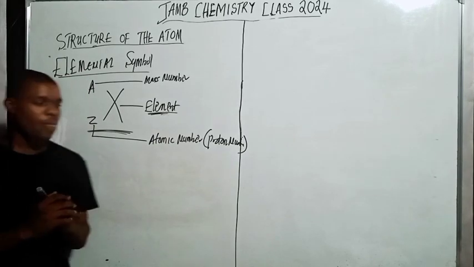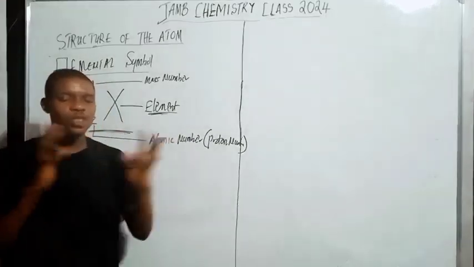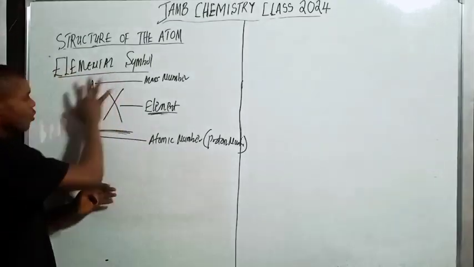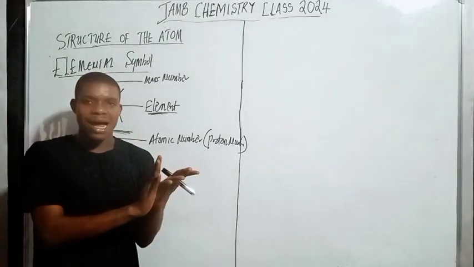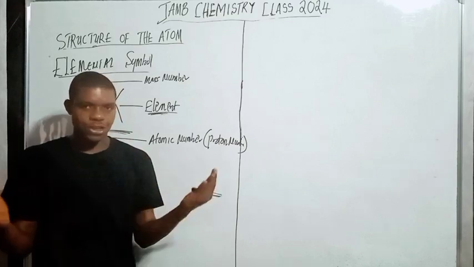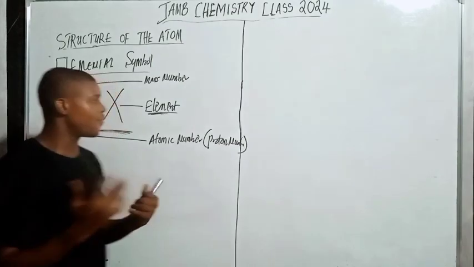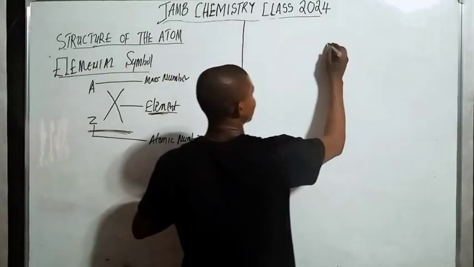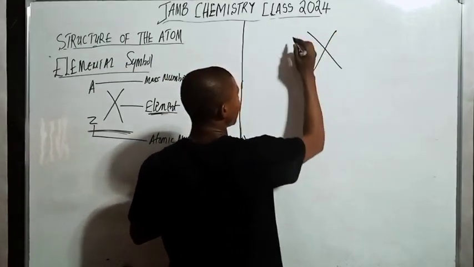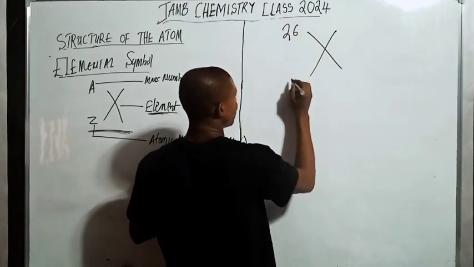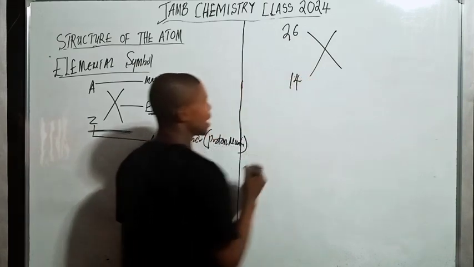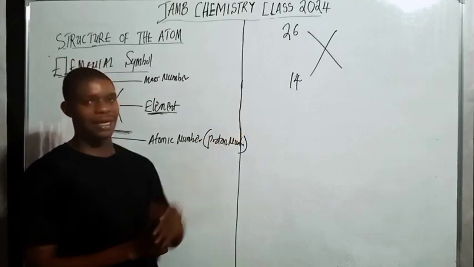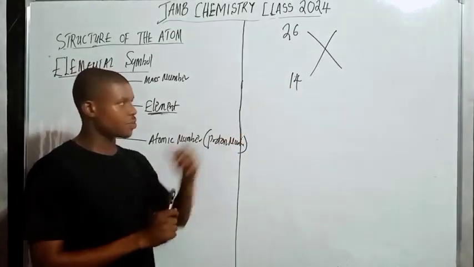Now you'll be given a symbol, and they'll ask you what is the proton number, the neutron number, the mass number and the electron number. Do you understand? So for example, you have X and here we have 26 and here we have 14. Let us say we have something like this.